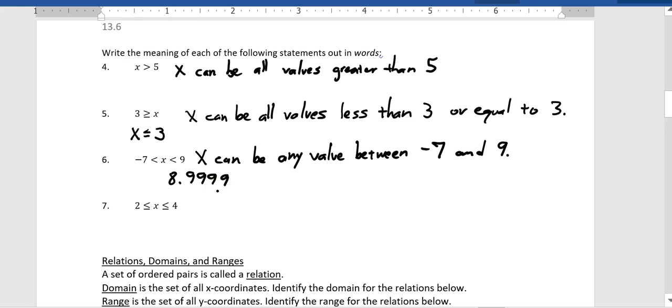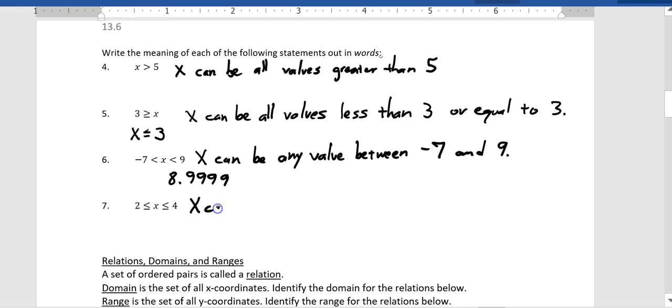All right, problem 7. Very similar to problem 6, but this time you'll notice that there are equal to signs under this. So when I read this particular problem, I know that x can be any value between 2 and 4, or it can be 2, or it can be 4. It can be absolutely equal to 2, equal to 4, or anything in between.